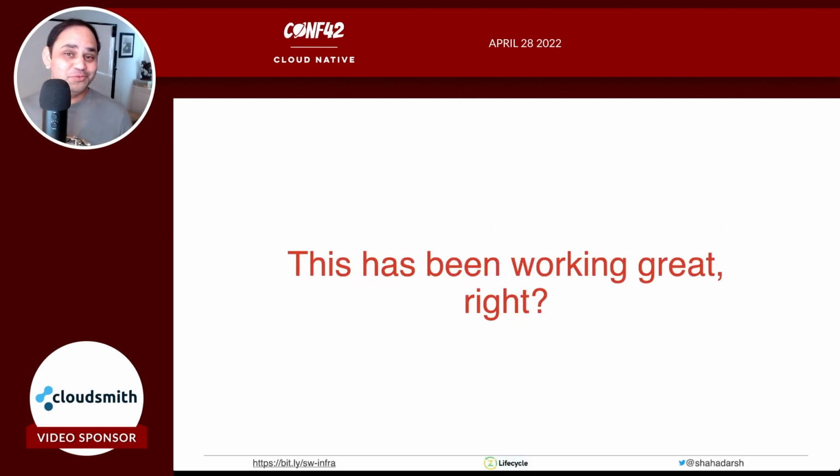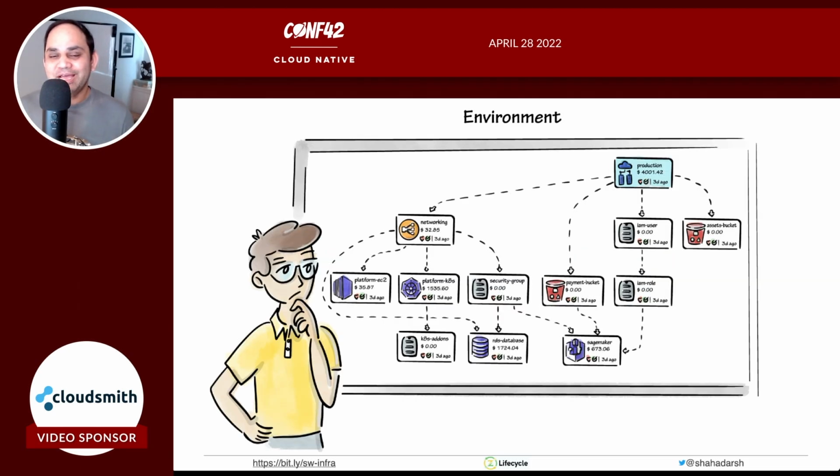So this has been working great, right? Well, not actually, because IaC is a powerful and crucial tool. However, if you have ever managed many divergent environments, something like this one, where you have your networking separate and you have a bunch of these different components with your databases.